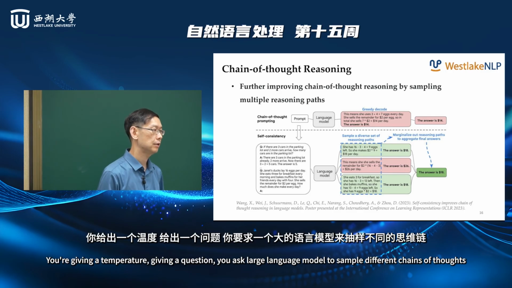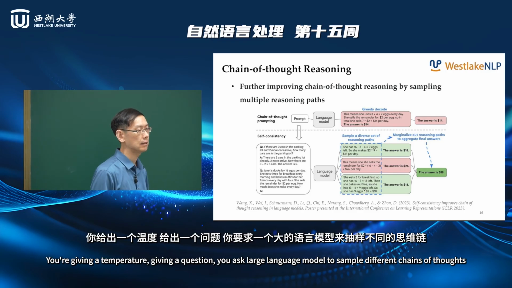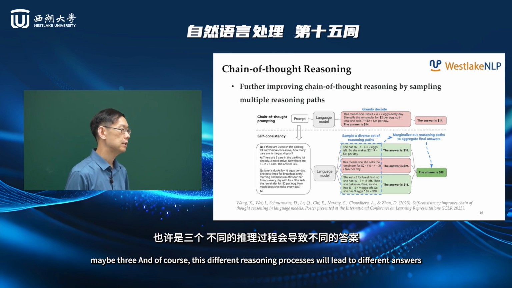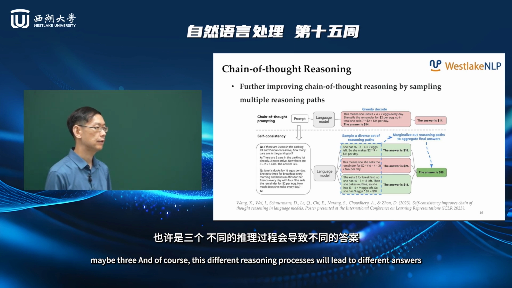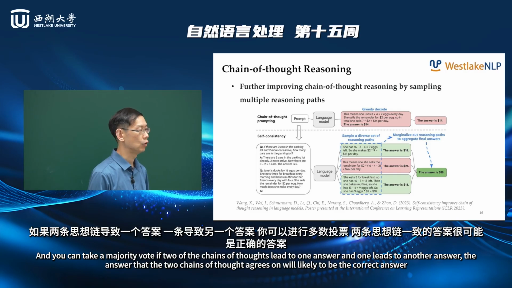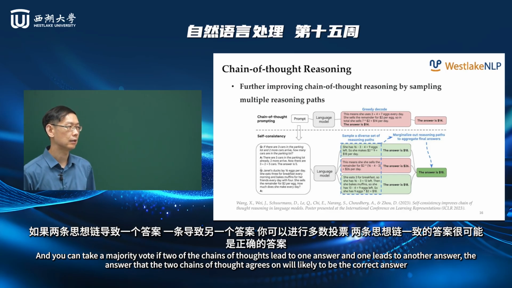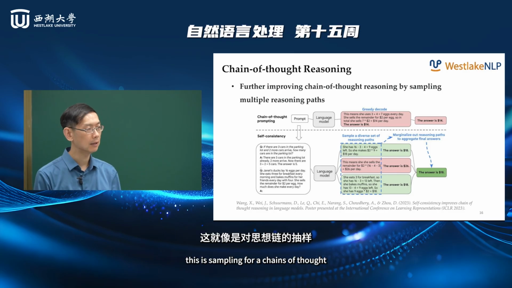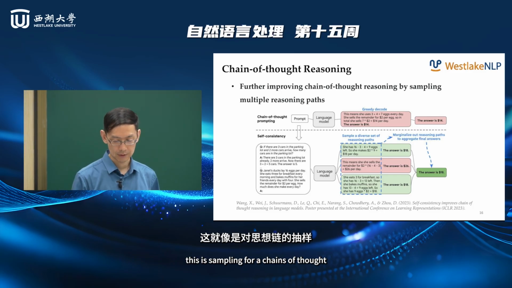You give it a temperature, you give it a question, and you ask the large language model to sample different chains of thought, maybe 3. Of course, these different reasoning processes will lead to different answers, and you can take a majority vote. If 2 of the chains of thought lead to one answer and 1 leads to another, the answer that the 2 chains of thought agree on will likely be the correct answer. So this is like sampling for chains of thought.